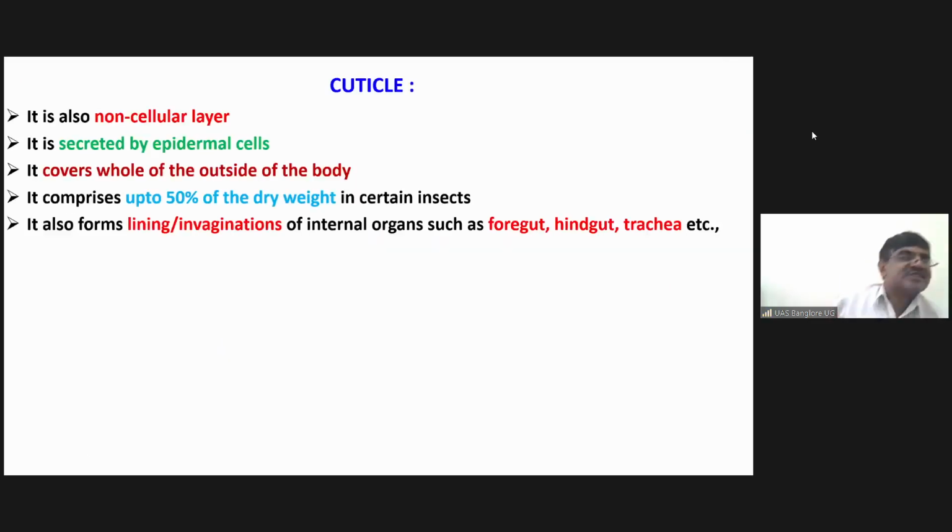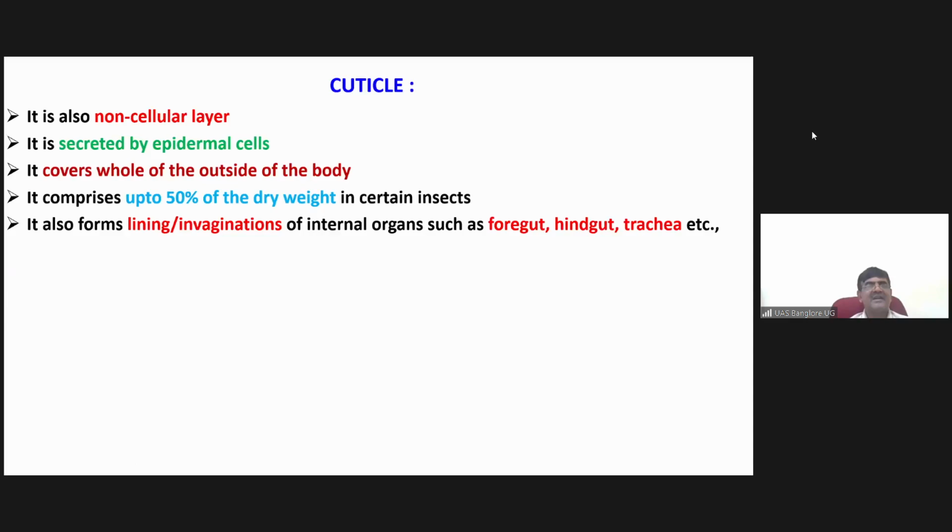And the uppermost layer is the cuticle. Already I told you it is the non-cellular layer, and it is secreted by the epidermal cells.